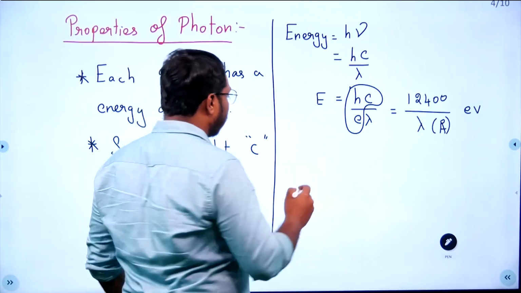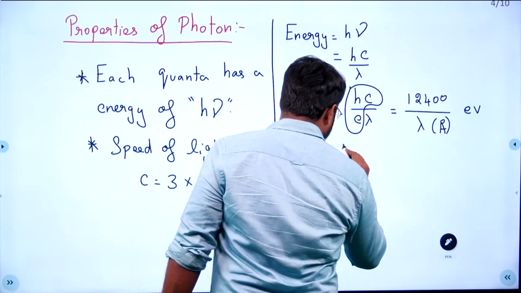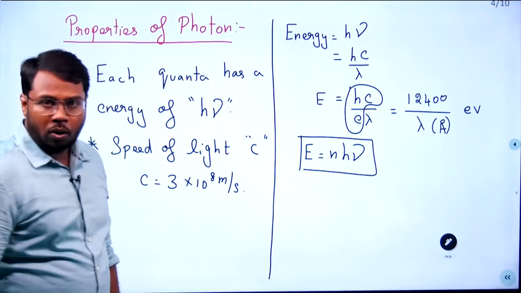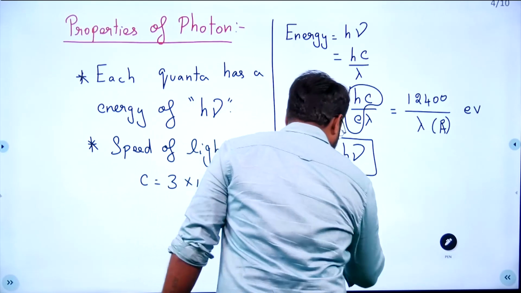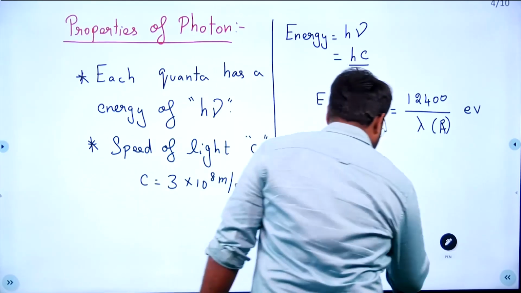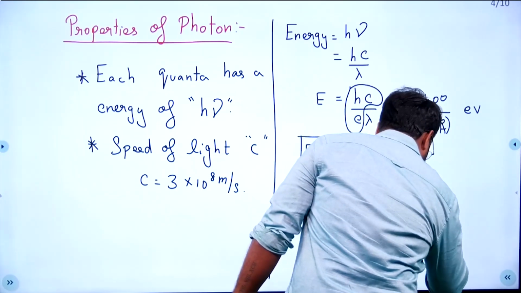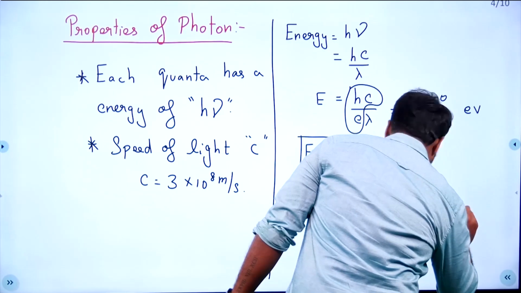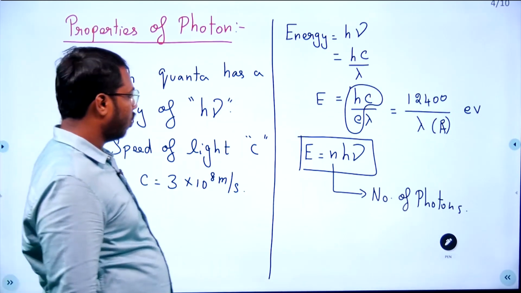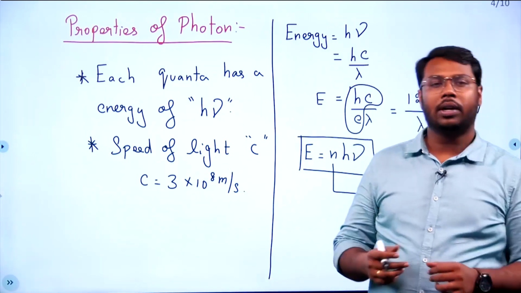That is the reason why, even if we try to write the energy, I will be writing it as n into h mu, where n stands for the number of photons. So this is how the whole thing is written.